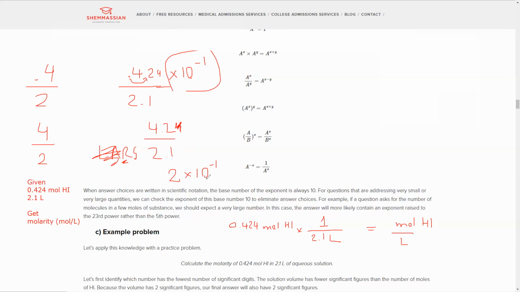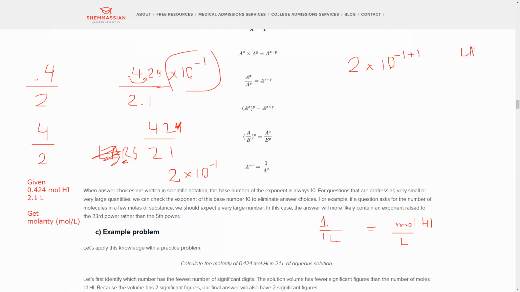Now, depending on the answer choices, this might be the answer, or they might be looking for the decimal, right? So how do we solve this as a decimal? Again, this is something that you're going to get extremely familiar with. 10 to the negative 1, okay, I need to get rid of the 10 factor. To get rid of the 10 factor, it needs to become 10 to the 0. How do I make it 10 to the 0? I'll add 1 here.